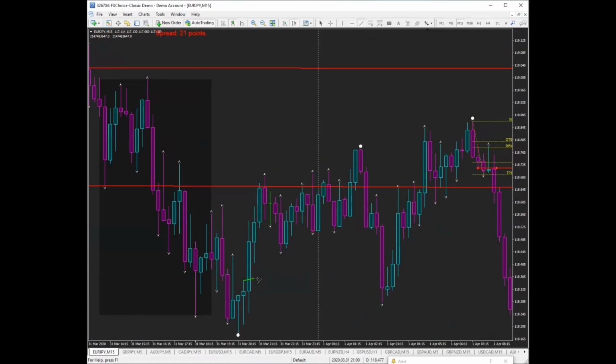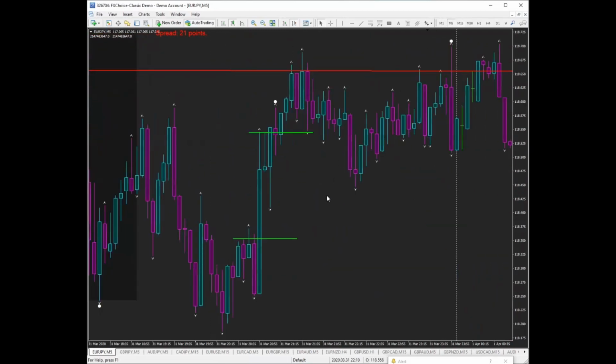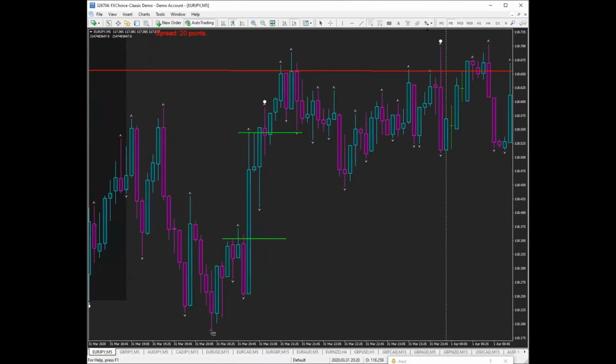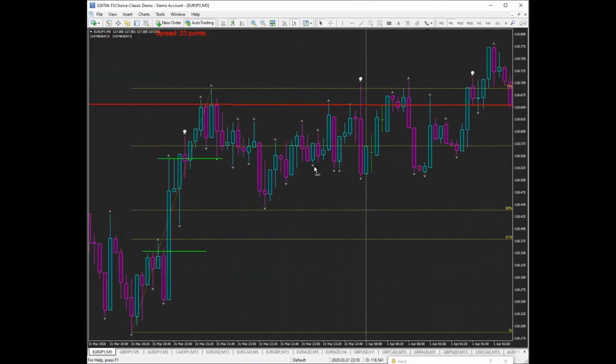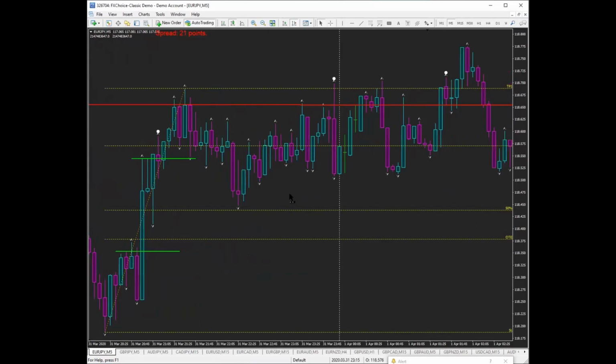1, 2, 3, close above 3, 5 minutes, close above that. I guess if you really wanted to, if you were desperate, trading at the end of the day, you could have gotten in somewhere here, but it never reached your fibs.